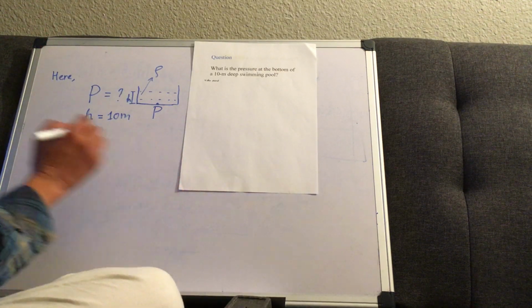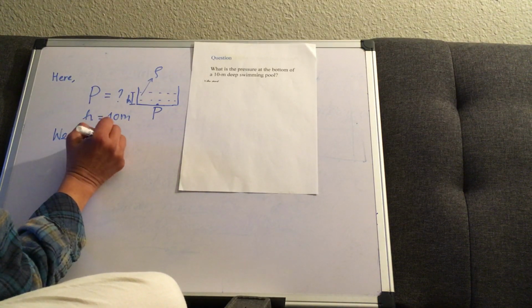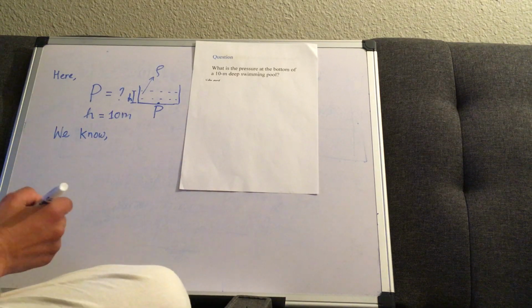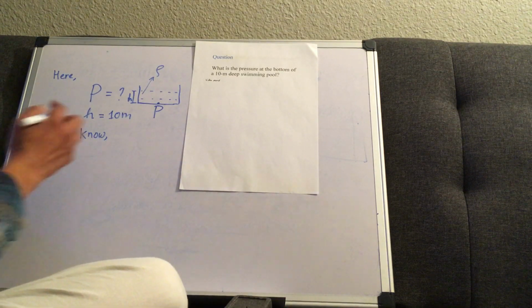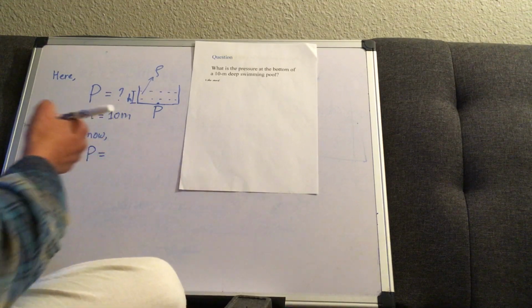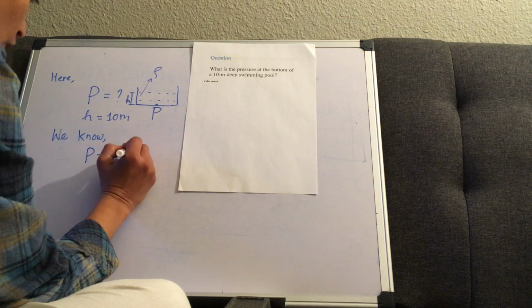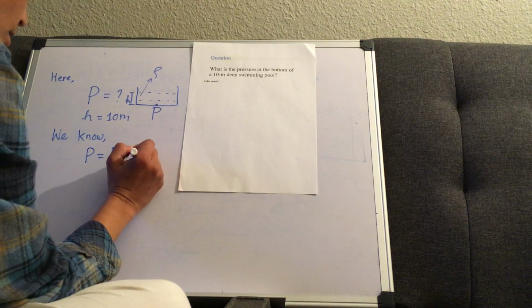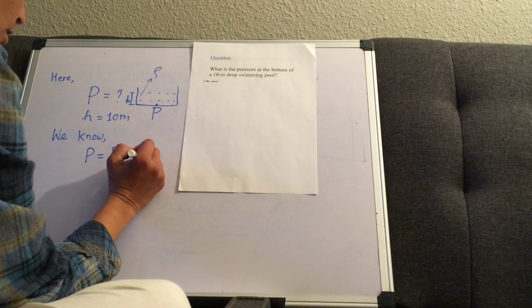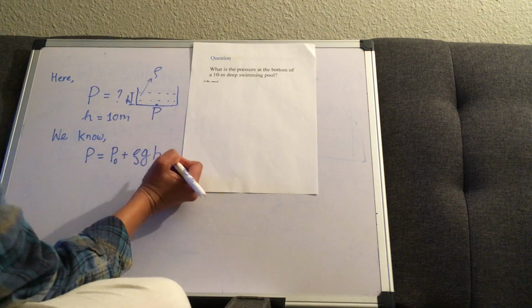So now we know we need to use the hydrostatic pressure equation, which is P equal to P naught plus rho g h, right?